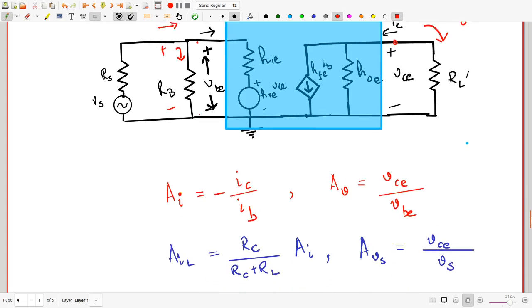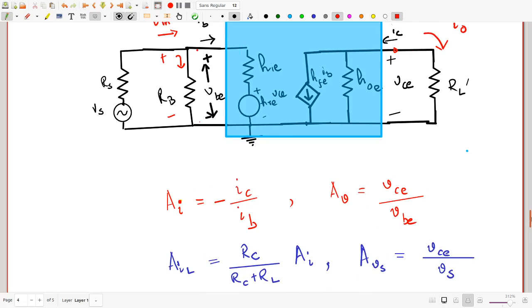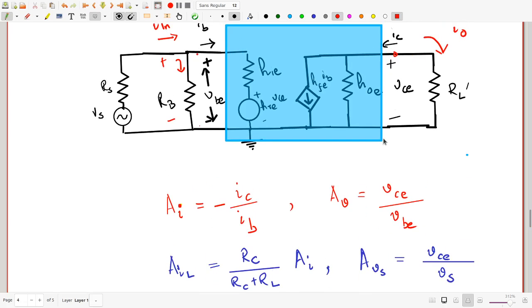However, we would also have to talk about the current gain with the load, which is how much of the output current actually goes into RL. IO, of course, is minus IC, but that doesn't go entirely into the output. Because of the RC-RL parallel combination, the output current branches into these two pieces.